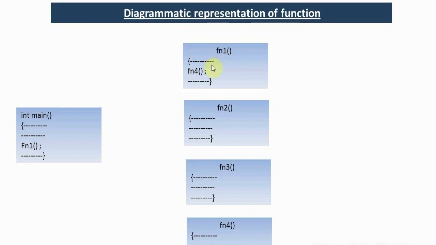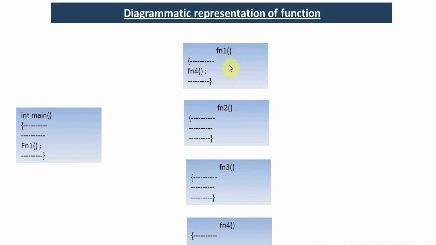The names of the functions could be anything, but I have assumed them to be fn1, fn2, fn3, fn4. And as you remember, the presence of the function named main is mandatory in any C program. Here all these functions are there, and any function can call the other function. The benefit is going to be the reusability of code.